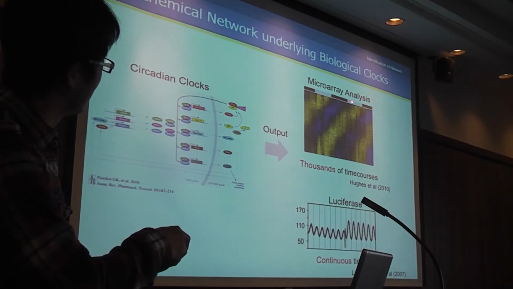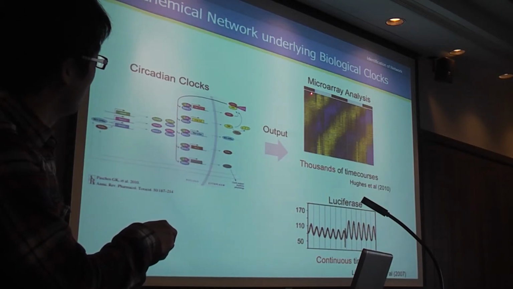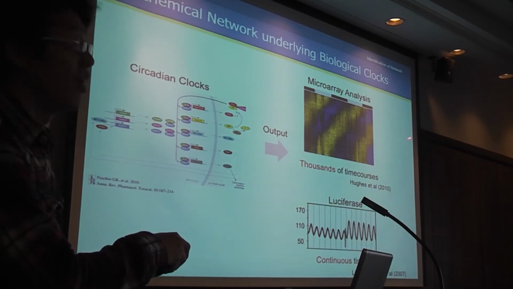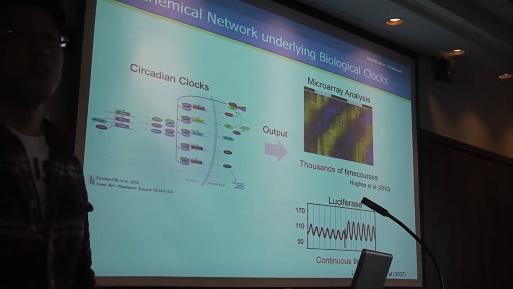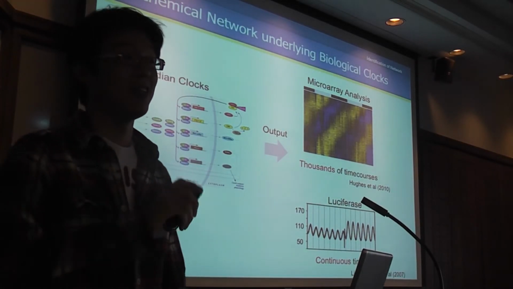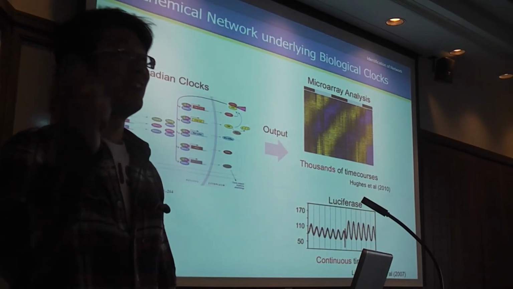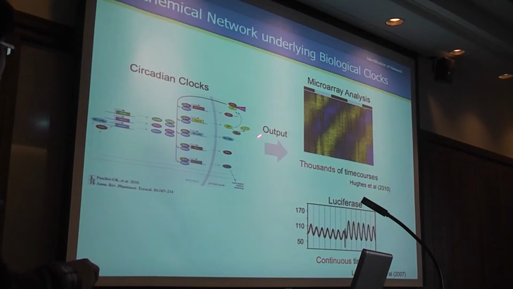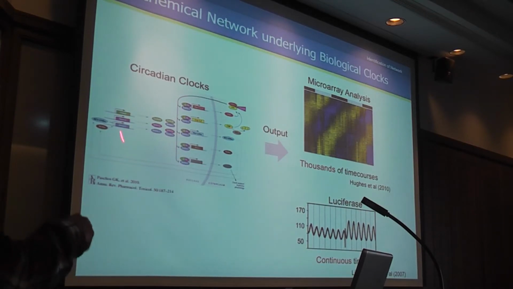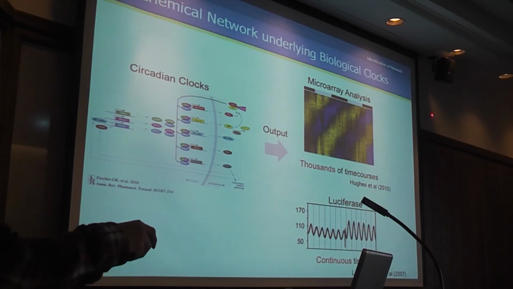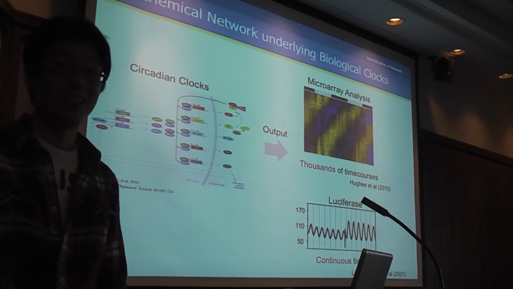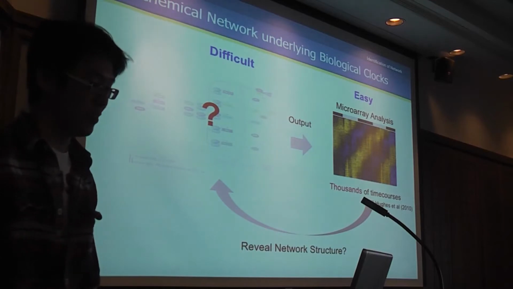Each row represents a gene. Yellow means going up, blue means going down, through the day. So they can measure the rhythms of thousands of genes simultaneously, but they don't know how these rhythms are generated. So this tells us identifying a biochemical network is very difficult, but measuring the outputs is kind of easy with current techniques. So this raised the question.